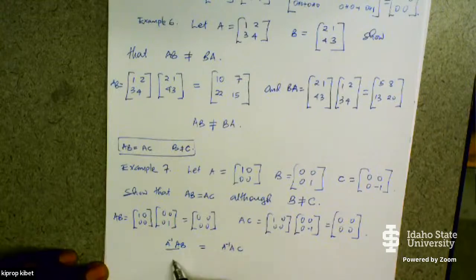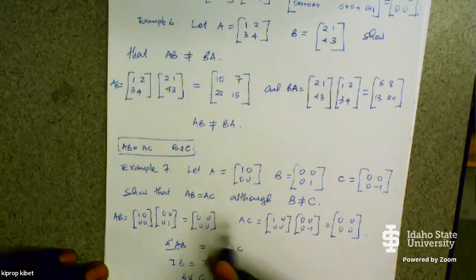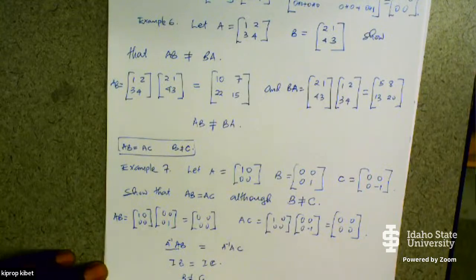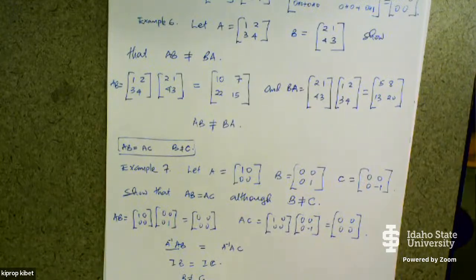So A inverse times A is the same as the identity, which is multiplied by B, equals identity multiplied by C. And in this case, B is equal to C. So this doesn't happen for this case. So that is the cancellation rule. We will look at that later in our class.